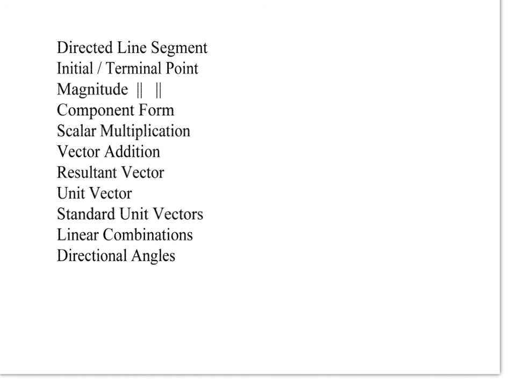So here's everything we've done. Okay, directed line segment, that's a vector. Initial point, the P, the terminal point, the Q. Magnitude is the length of the vector. That's the symbol for magnitude. Okay, component form of a vector, hard brackets. That's these.